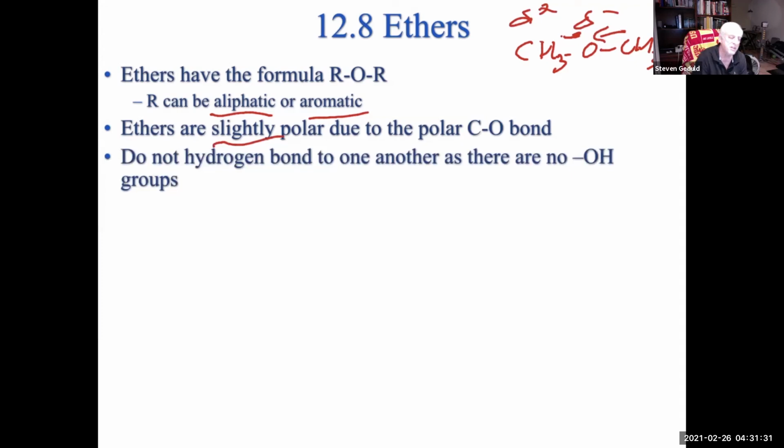Remember, the definition of hydrogen bonding is that a hydrogen atom has to be directly connected to a very small, highly electronegative atom, like fluorine, oxygen, or nitrogen. If you draw this out, you have your oxygen and your carbons.